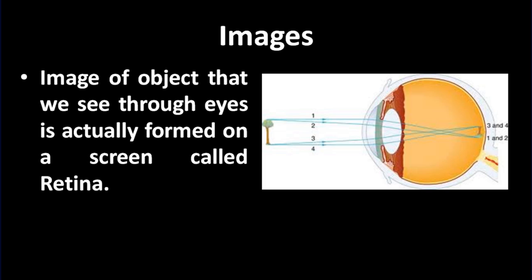The image projected through projector is captured on the white screen. In your eyes, image of object that we see through eyes is actually formed on a screen called retina.